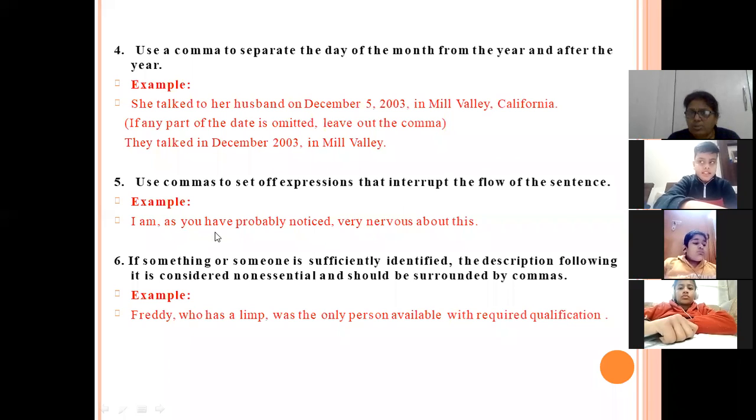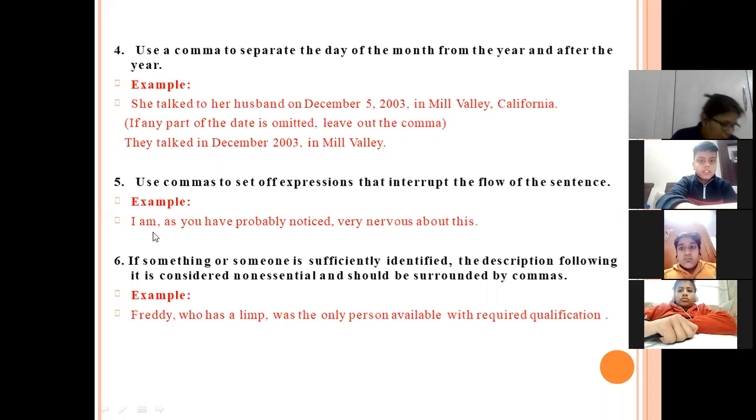They are interrupting the flow. That's why we are using commas here. If you are not putting the commas, how will the sentence look? I am as you have probably noticed very nervous about this. But here you are using commas to set off expressions.